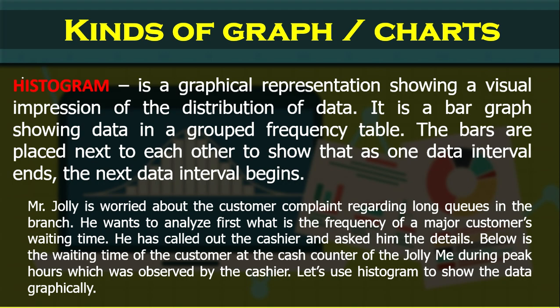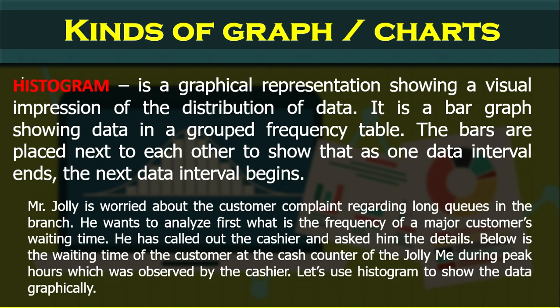While here in histogram, the x-axis shows the interval or range, while the y-axis shows the frequency or count within each interval. Take note again, bar graphs are for categorical data. Histogram is for continuous data.